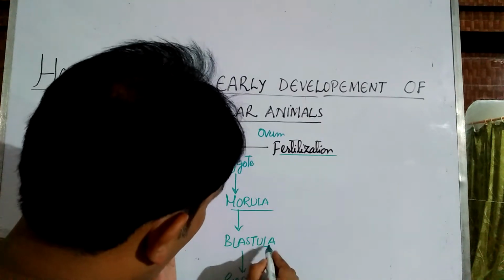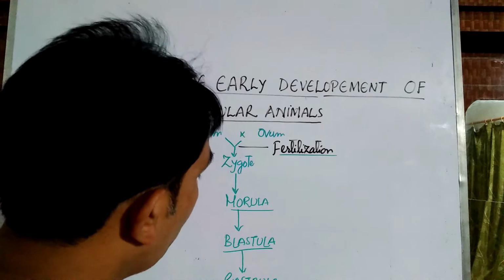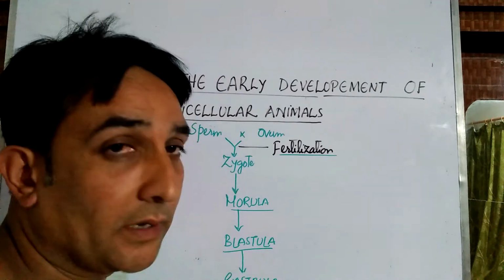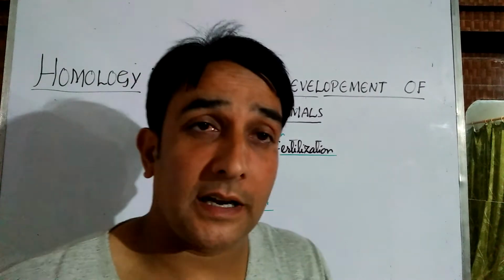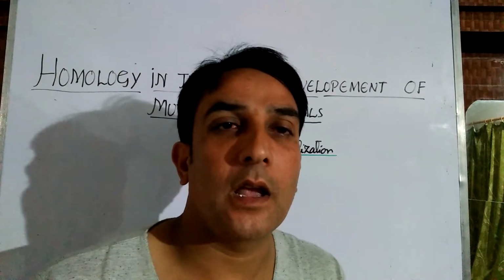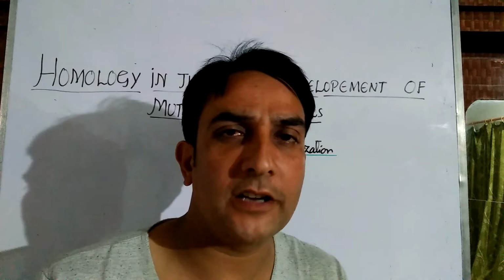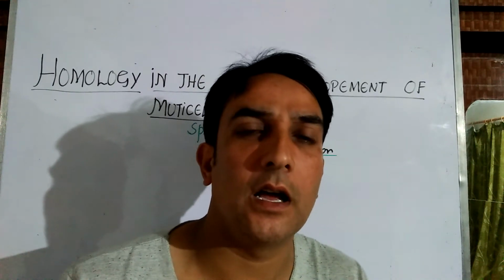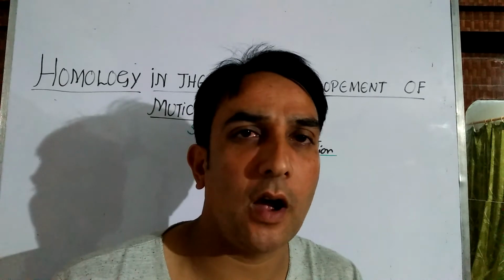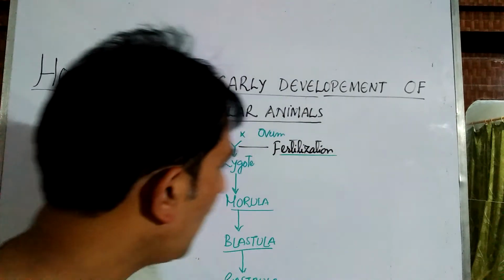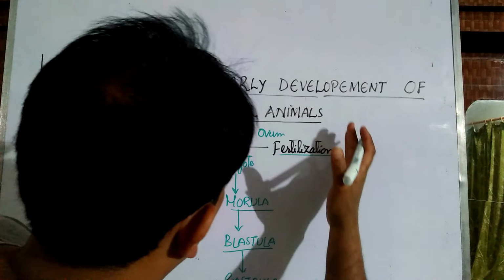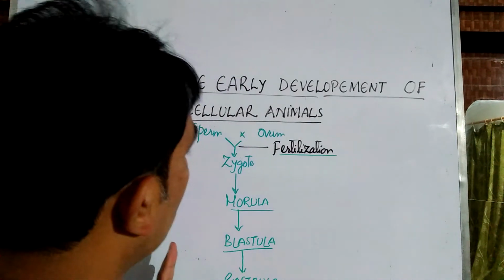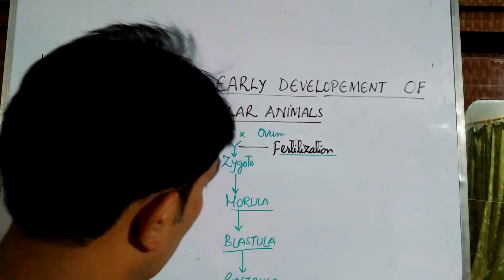The morula later on develops into the blastula, and the blastula ultimately develops into the gastrula. The gastrula undergoes what we call morphogenetic movements, and it forms the three germ layers from which all the organs of the body of an animal are derived. So this is the basic pattern of the early development in all multicellular animals which are sexually reproducing.